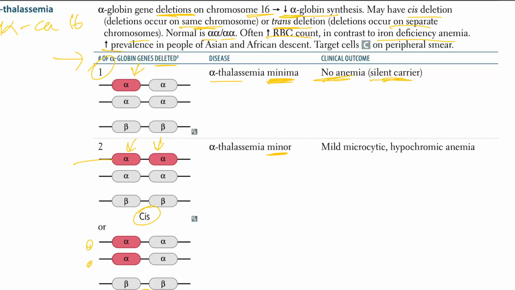So with the cis, if you have a deletion on the same chromosome, that means the whole chromosome is not working properly, right? So it has a worse outcome for offspring.